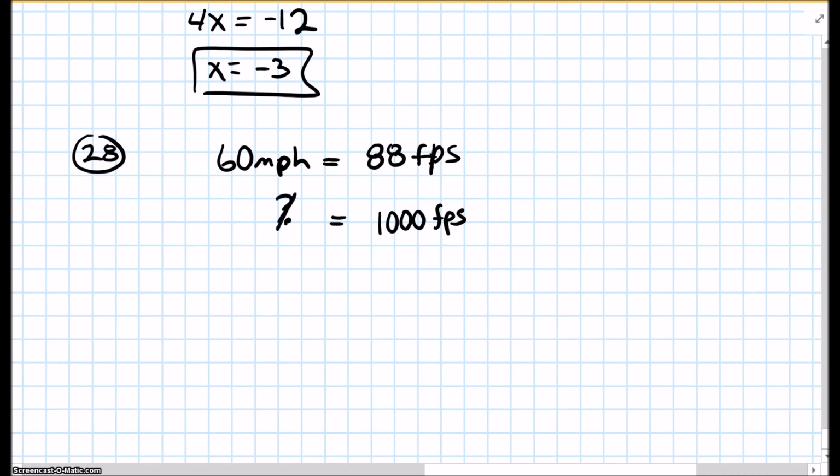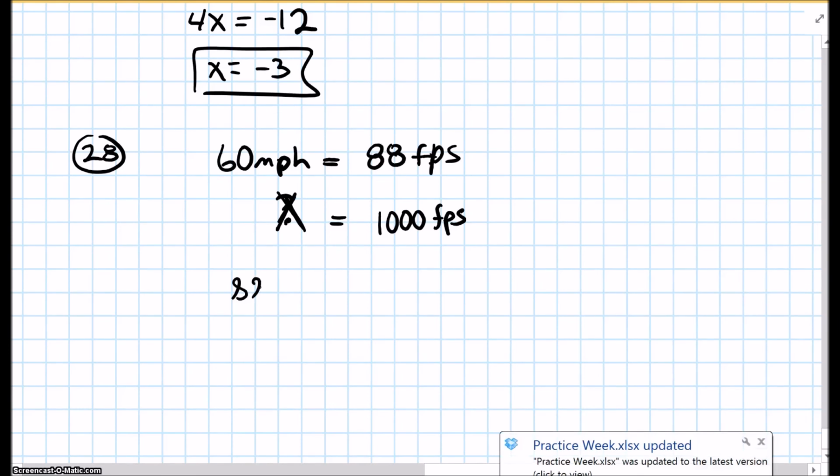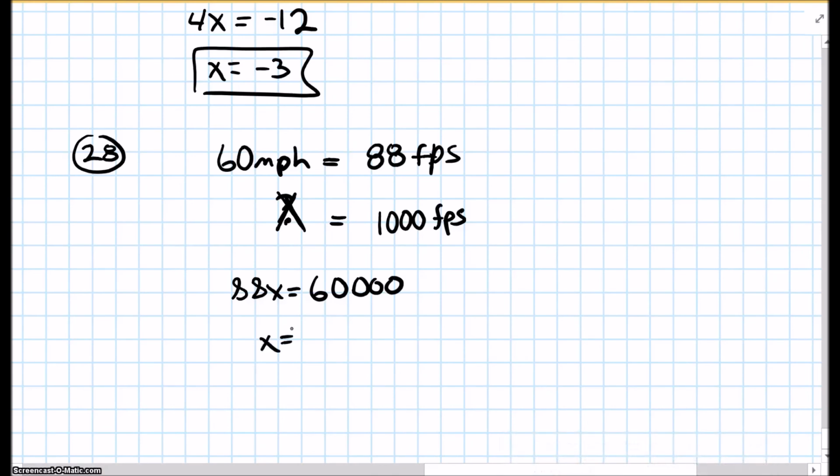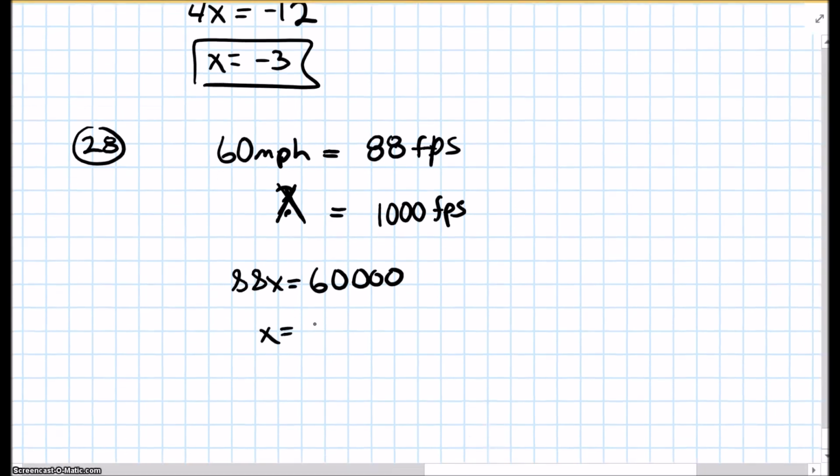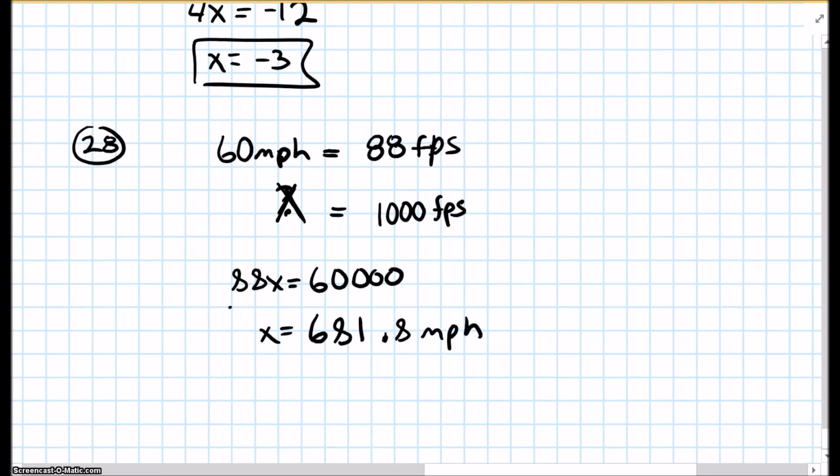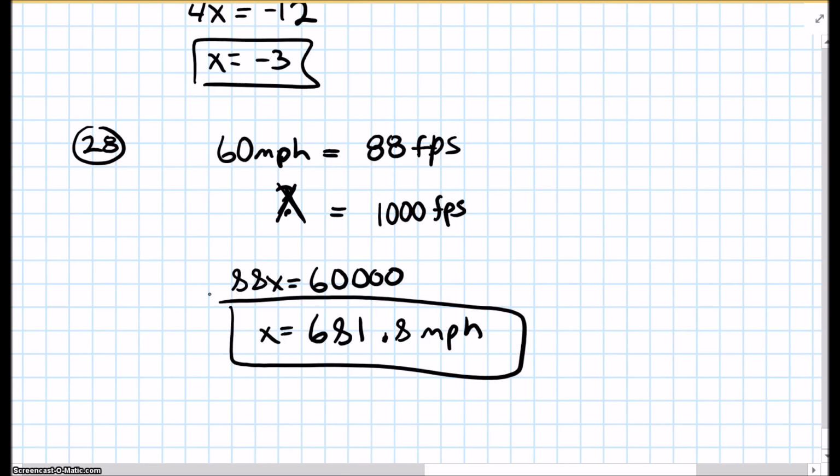So we'll make that an x. So 88x equals 60,000. X equals 60,000 divided by 88. 681.8 miles per hour. Okay.